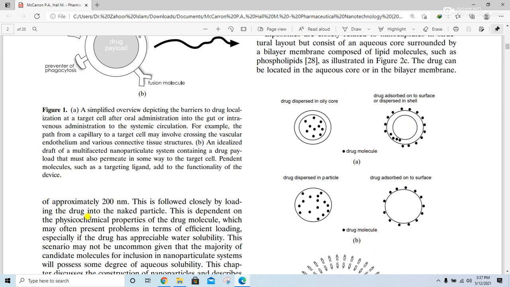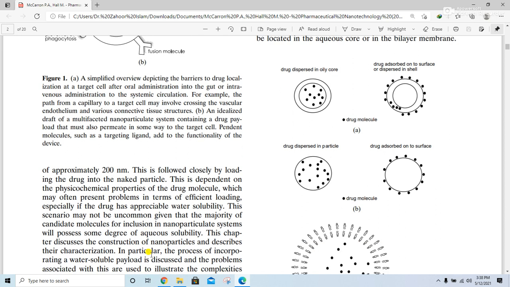This is dependent on the physicochemical properties of the drug molecule, which may often present a problem in terms of efficient loading, especially if the drug has appreciable water solubility. This scenario may not be uncommon, given that the majority of candidate molecules for inclusion in the nanoparticulate system will possess some degree of aqueous solubility.